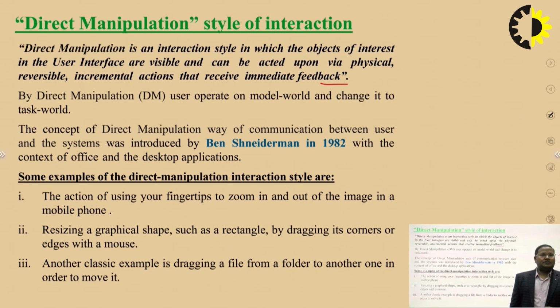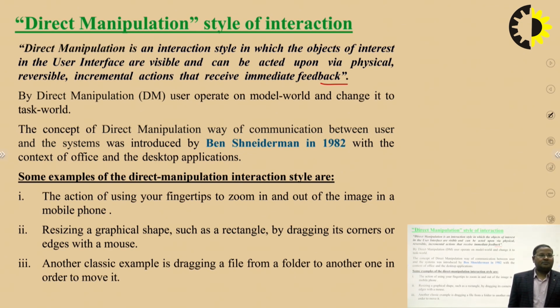By direct manipulation, in short DM, users operate on the model world and change it to the task world. The concept of direct manipulation, a way of communication between user and system, was introduced by Ben Shneiderman in 1982 in the context of office and desktop applications.